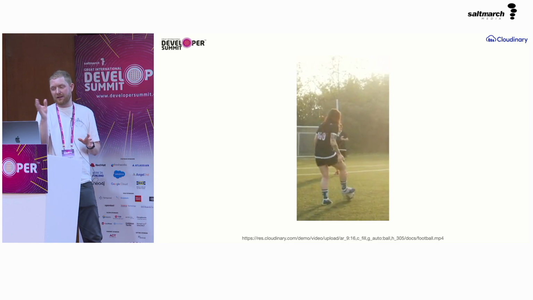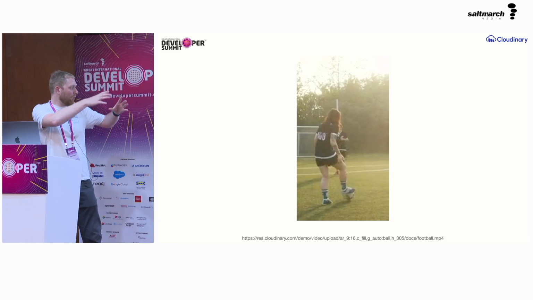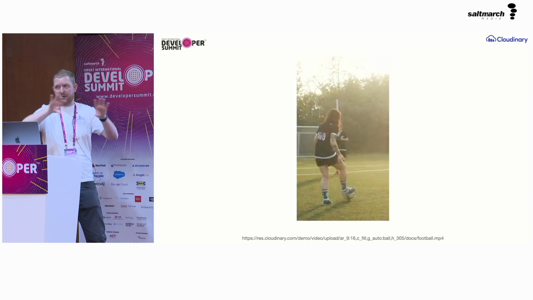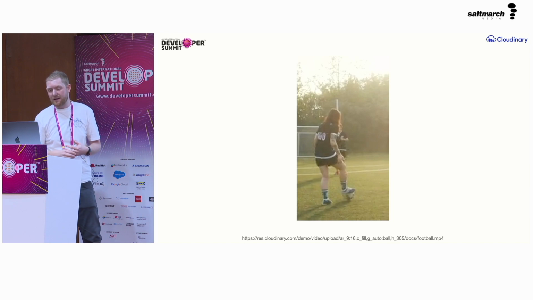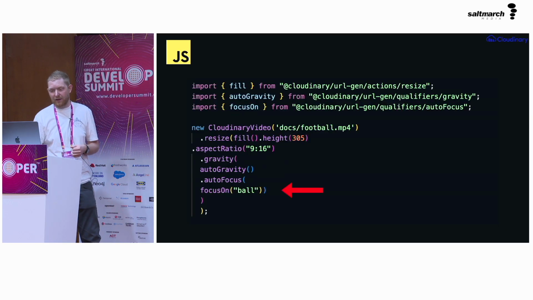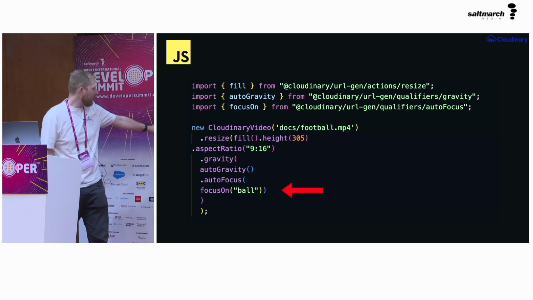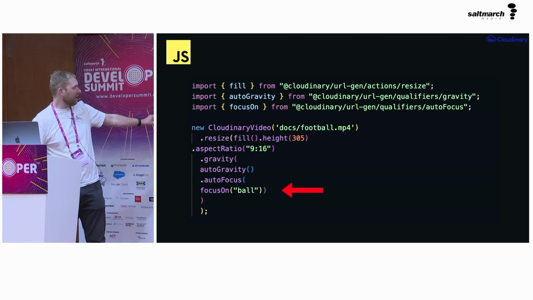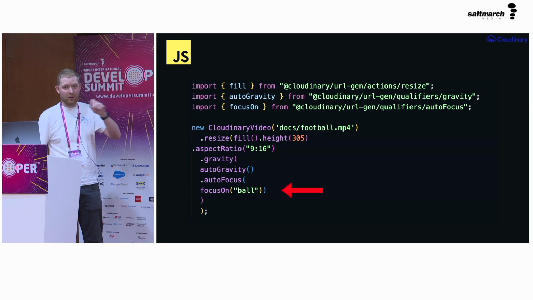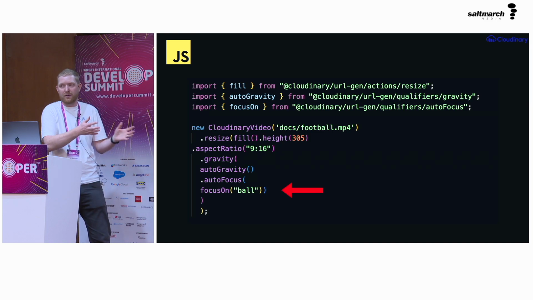It goes basically frame by frame, identifies what it considers to be important, and crops out on either side what it considers to be less important. In this case, we're specifically targeting the ball as something to focus on. You don't have to specify an object to focus on. If you don't, it will automatically decide what it thinks is the most important thing to keep within that crop.